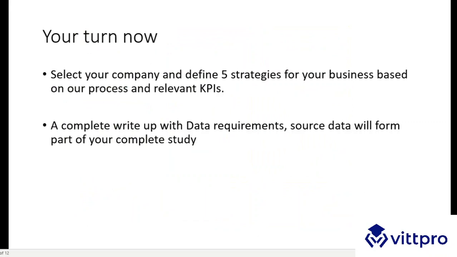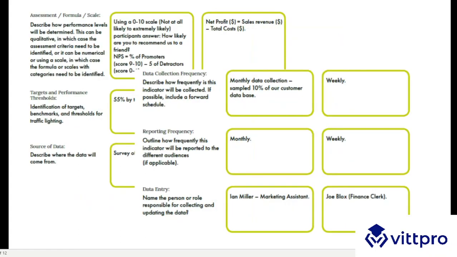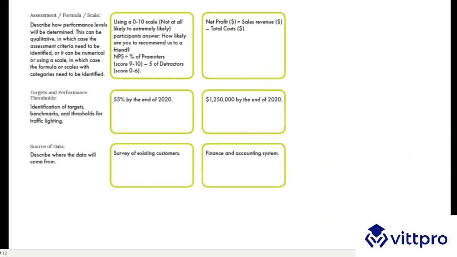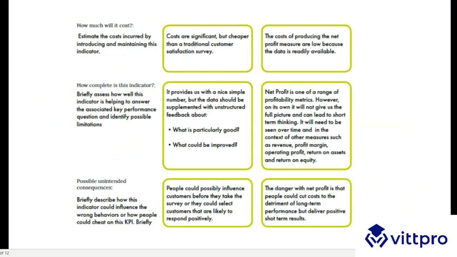So now it's your turn. This is going to be one of the assignments that I will give, to create a balanced scorecard for your company. You can define it, and then from those objectives, the ones that we have designed in the balanced scorecard, you will need to develop this template.